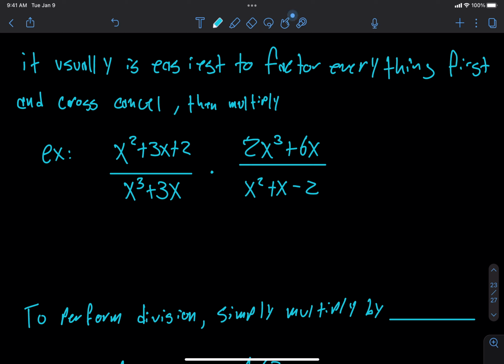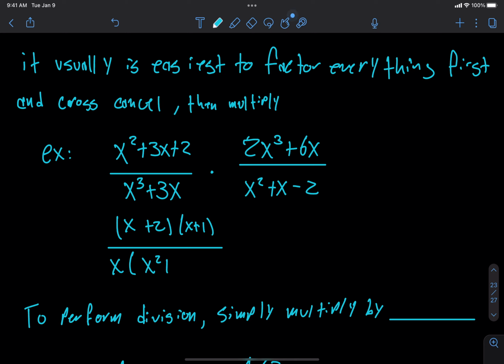So factor the first one here, we get x squared plus 2x, we get x plus 2 times x plus 1, right? And in the denominator, what do we get? We get x times, what would it be? X squared plus 3, right?